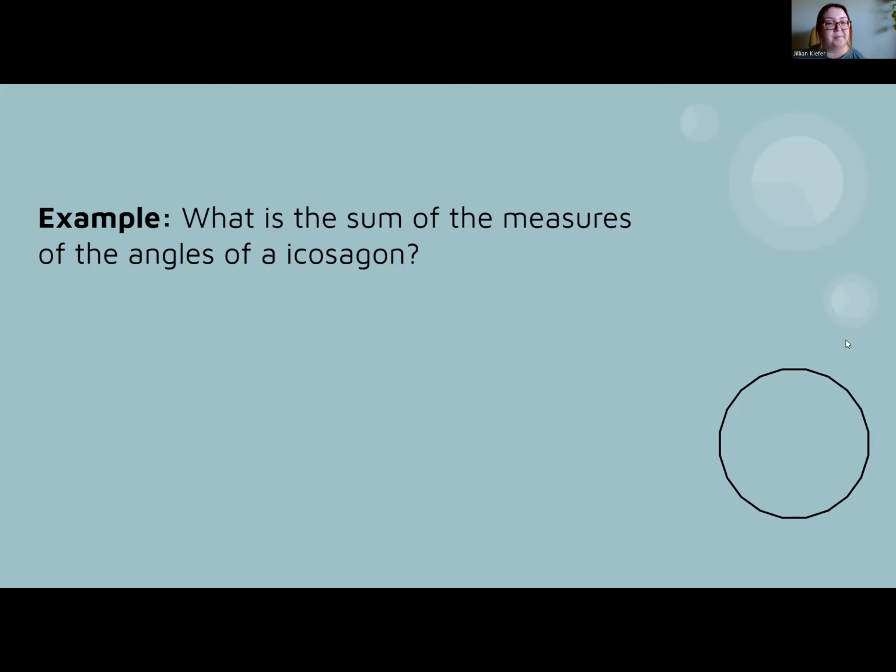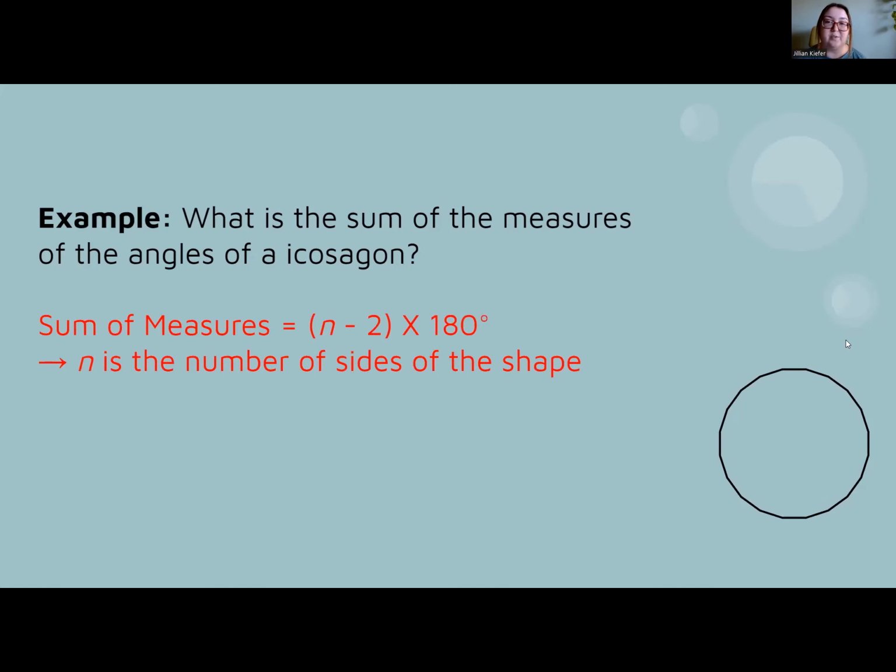So once again, our formula, the sum of measures is n minus 2 times 180 degrees. n is the number of sides of the shape. We already said that this was an icosagon, which has 20 sides. So n is, in this case, 20.